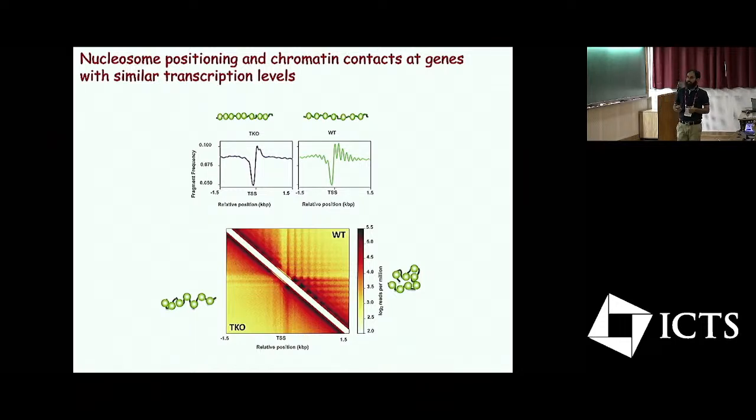This is just about 10 nucleosomes from here to here, so this is a very high resolution we are looking at. So it suggests that there's a higher probability of contacts when we have this regular positioning of nucleosomes, but when the positioning is perturbed, the nucleosomes do not come closer to each other, or they do not contact the way they contact in the wild type cells.